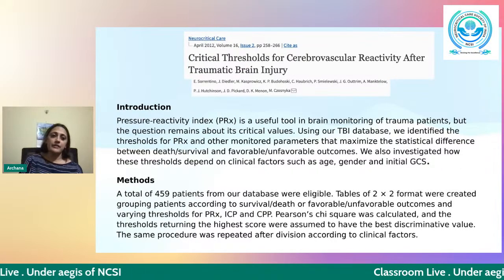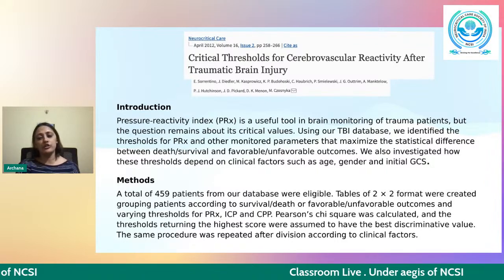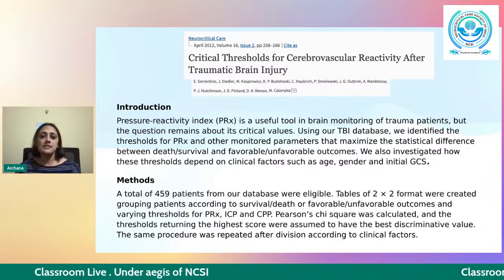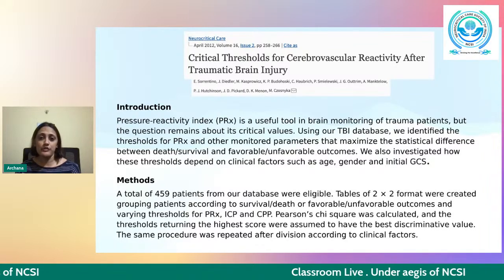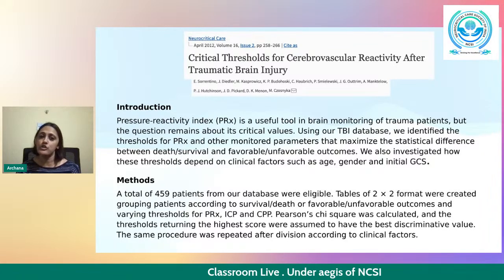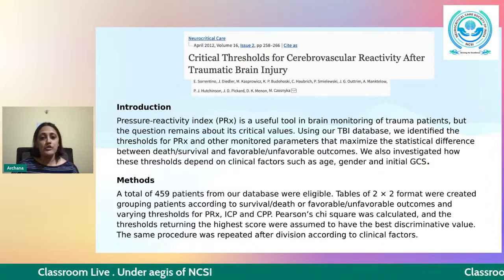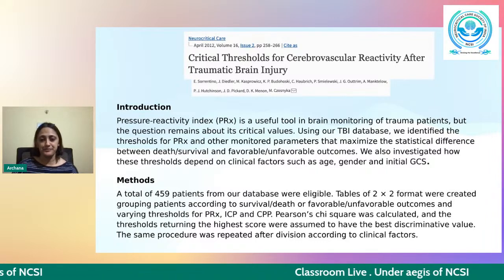Now, as we are aware that autoregulation is very important in managing any patient with traumatic brain injury. So this was a study of critical thresholds for cerebrovascular reactivity after traumatic brain injury, where pressure reactive index was used as a tool in brain monitoring of trauma patients.